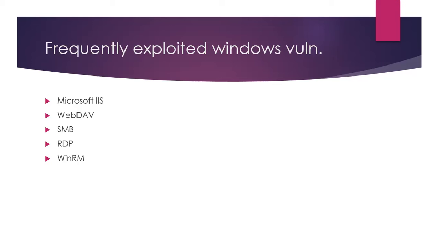We also have WinRM, with which you can remotely manage protocols. So these are the frequently exploited vulnerabilities with respect to Windows. As for Linux, we should be talking about much more later in our other videos.